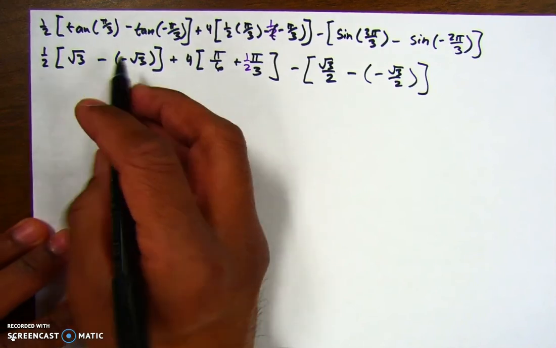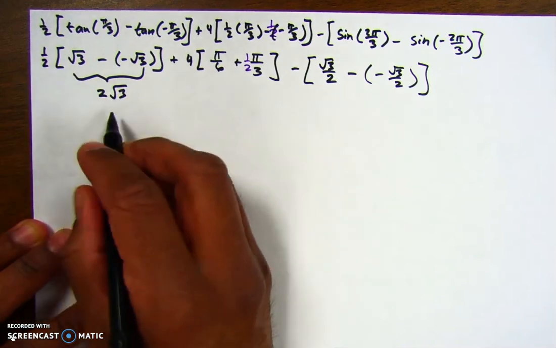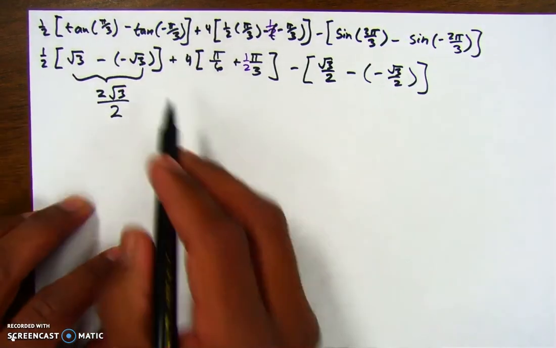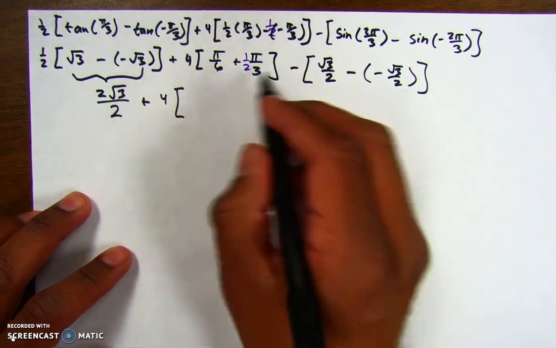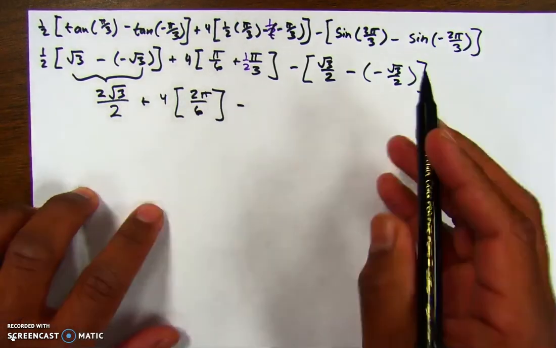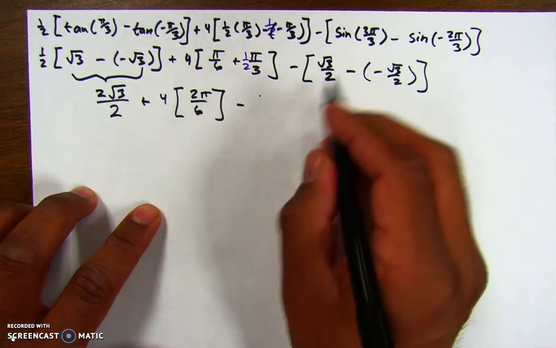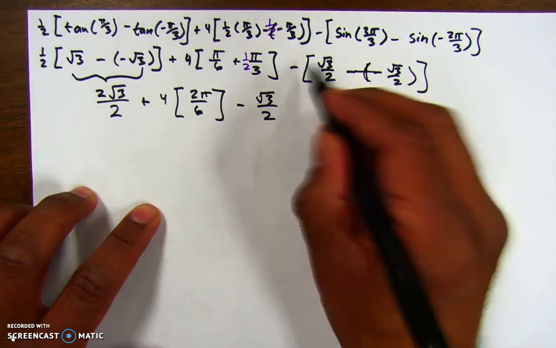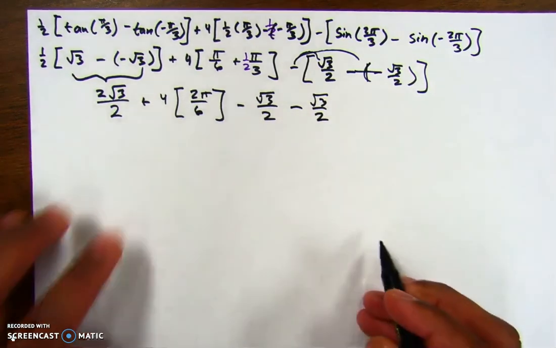Okay, so this is going to be 2 radical 3 times the 1/2. I'm going to keep this as 2 radical 3 over 2. This is going to be 4 times, and then this is going to be now 2pi over 6. And what I'm going to do here is, this is going to be negative radical 3 over 2 plus, but when I distribute the negative, it's going to be negative radical 3 over 2.